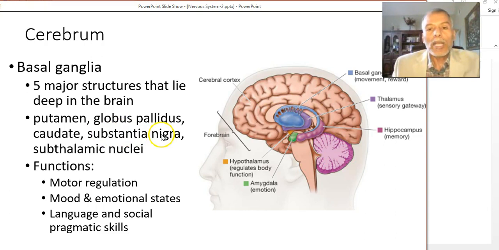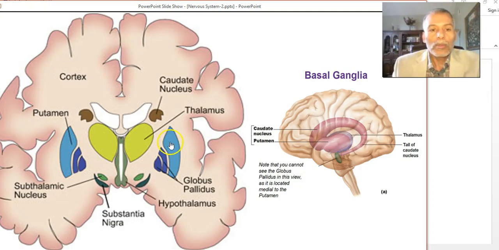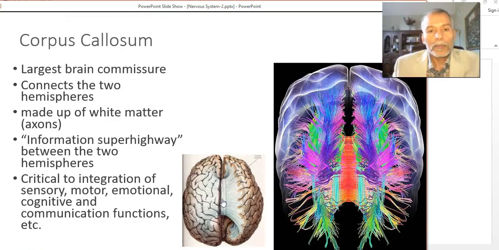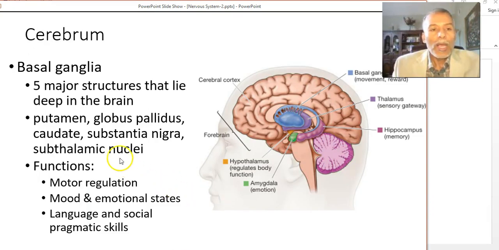And then the substantia nigra, little structures that I can show you here. Substantia nigra, little structures that have to do with movement, and they are not far from the thalamus. And then we have the subthalamic nuclei.